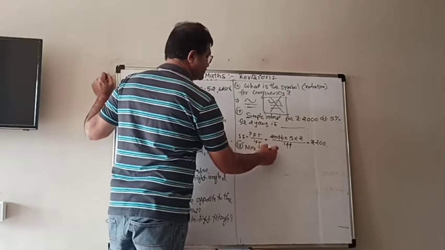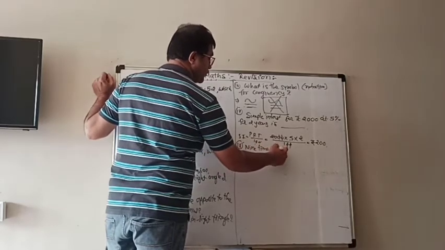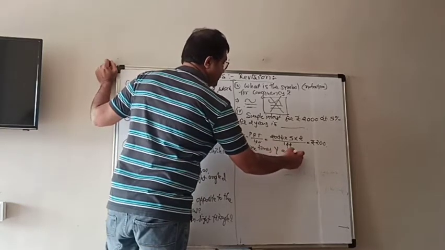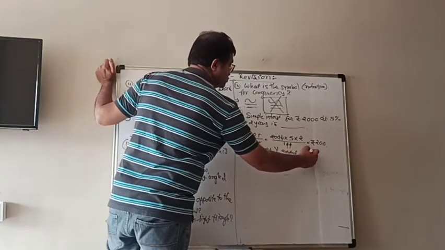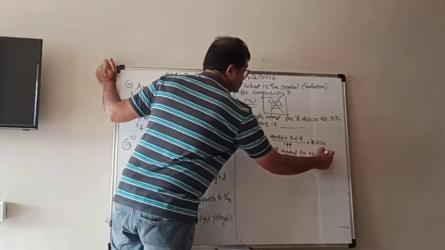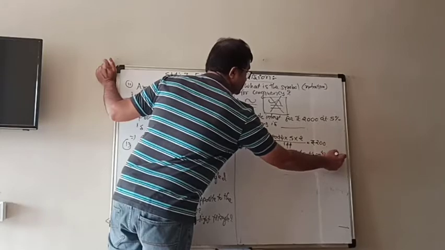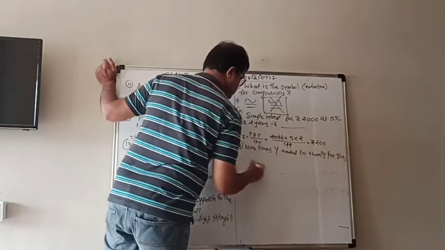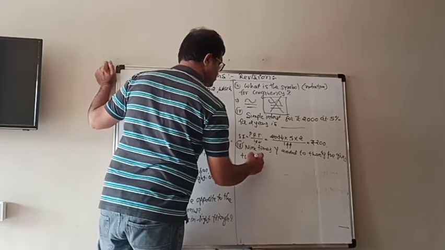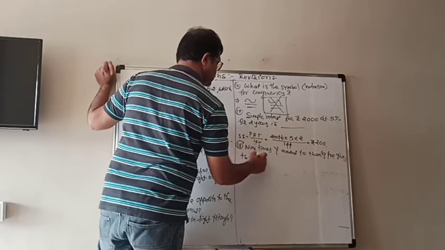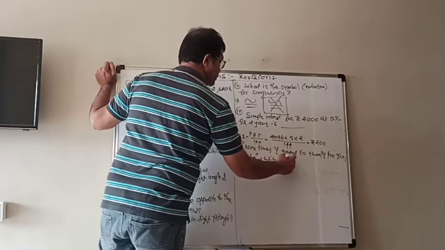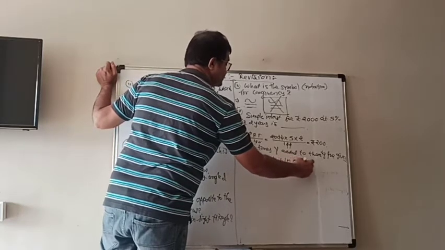9 times y added to 25 gives 12. Write it in equation form.